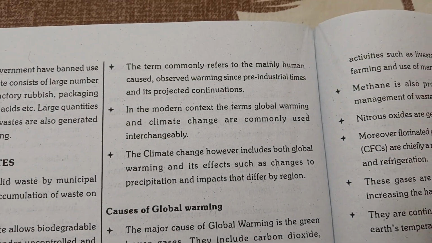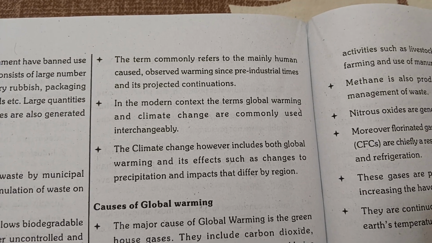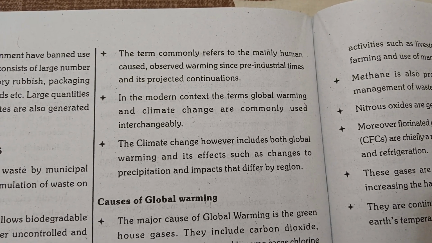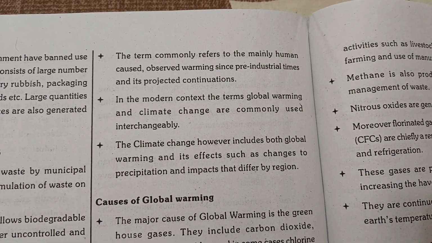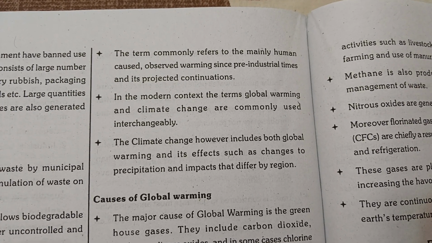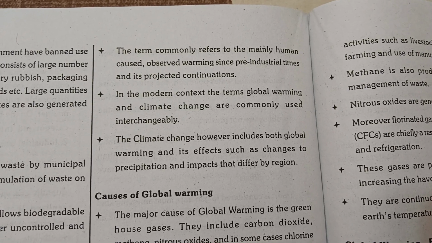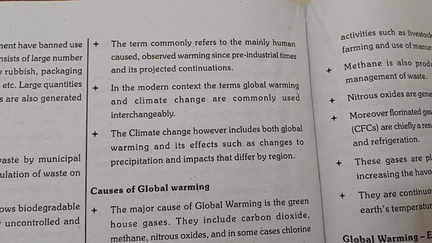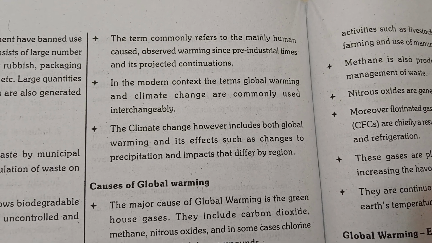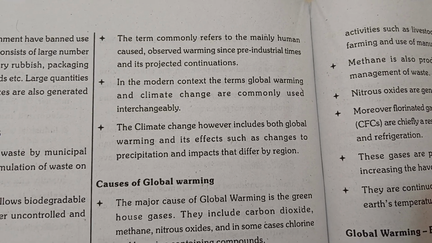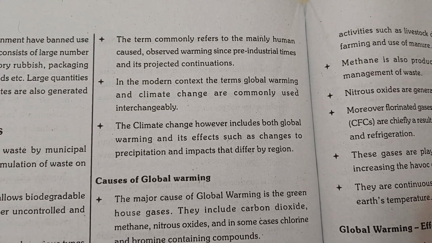The term commonly refers to the mainly human-caused observed warming since pre-industrial times and its projected continuations. In the modern context, the terms global warming and climate change are commonly used interchangeably.